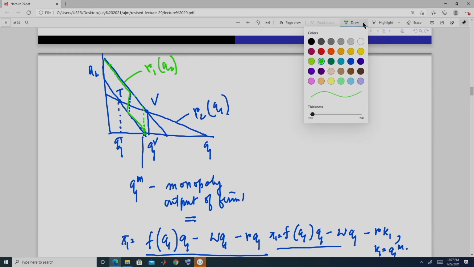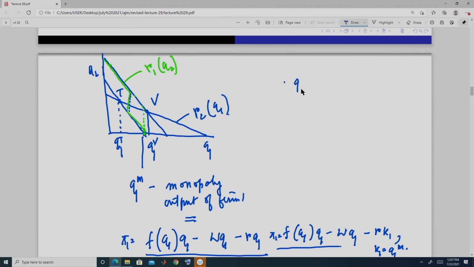Now, we are going to have another output, that is this Q1L, the limit output.